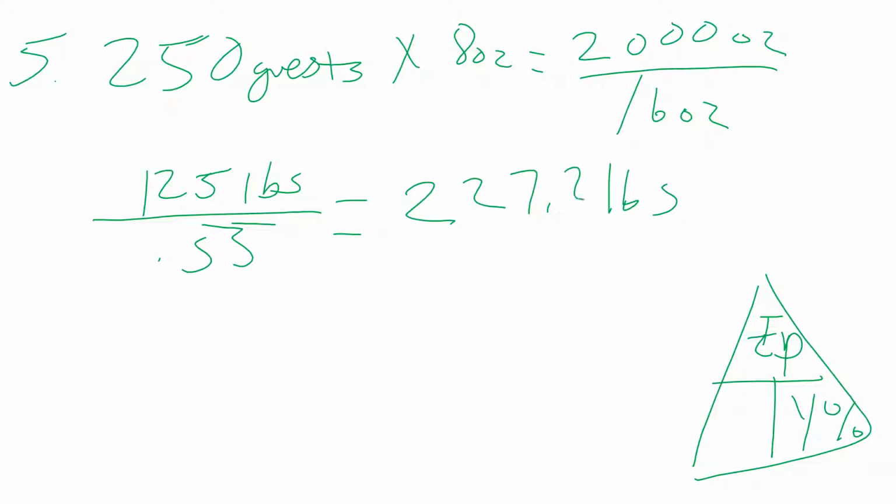So I'm going to do this next one in red just so you can see that it's not correct. If you forget about your little triangle, little handy tool over here, and you're not sure, do I multiply or do I divide by my yield factor percentage?